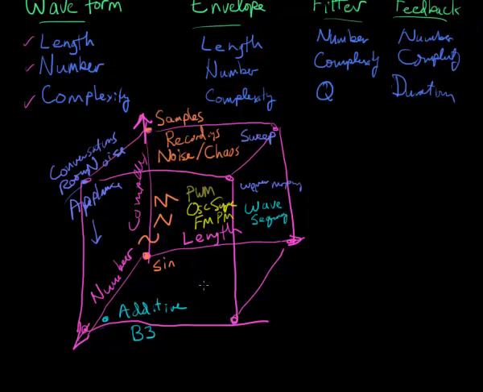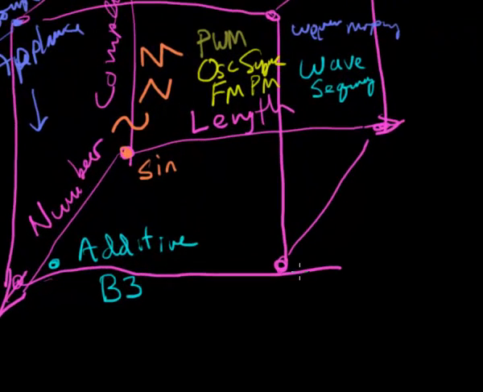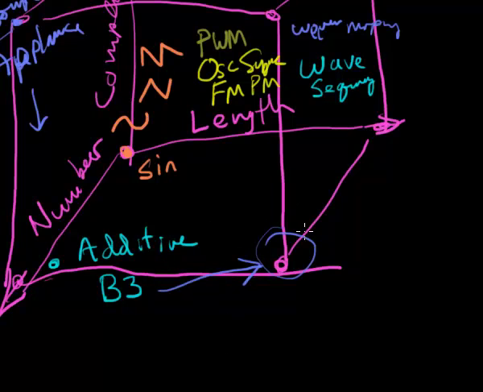Okay. Once you map out all of the different types of waveforms you could possibly have, then you look for areas where there are things missing. So what would have fairly simple, fairly long, but a large number of them? Okay, so over here, that's really more like your additive on a B3, but that's still over here.